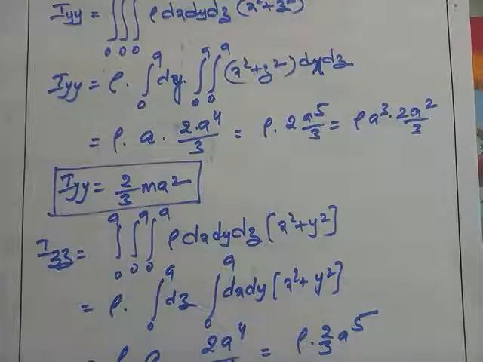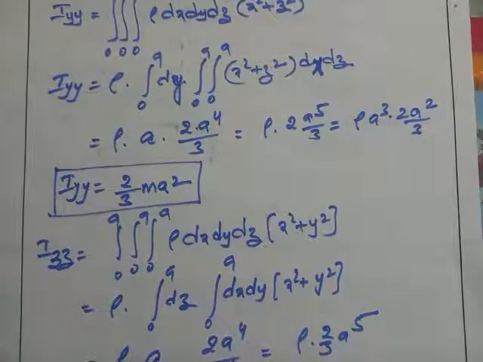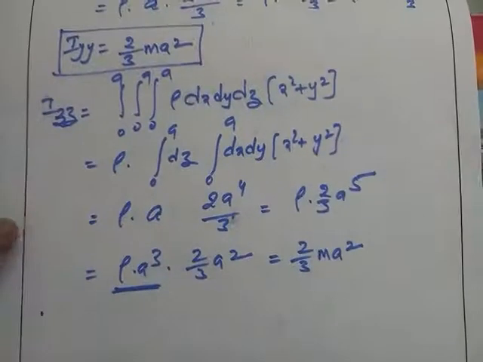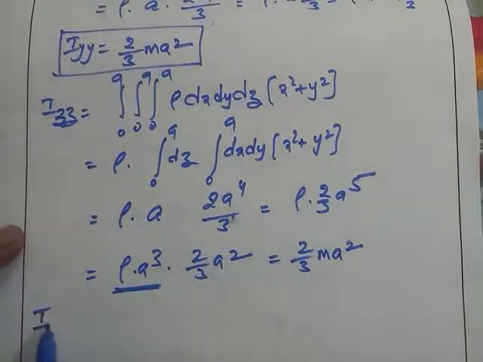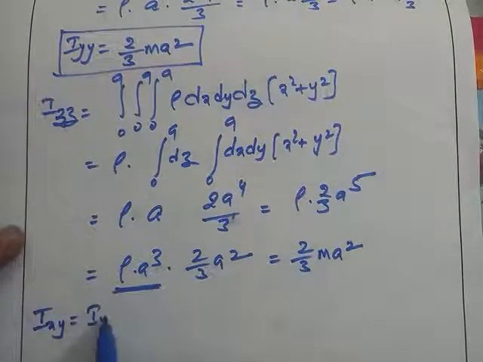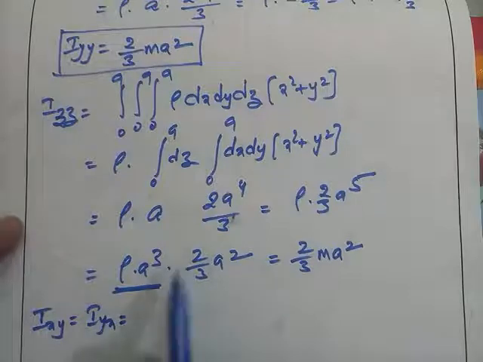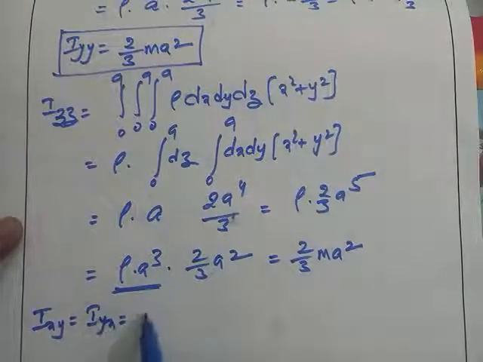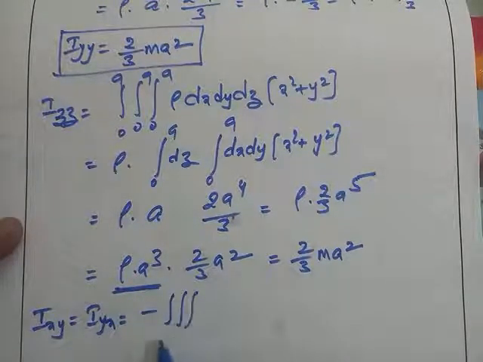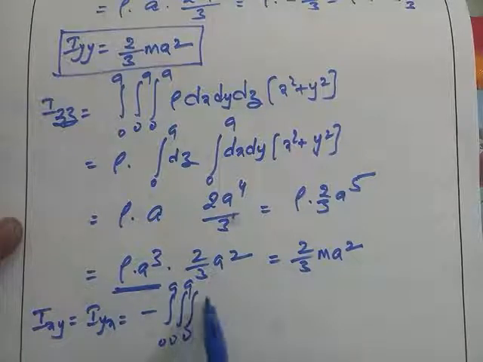Next components are Ixy, Ixz. So let us find how we can find Ixy. Ixy is equal to Iyx. We'll find this like this: minus triple integral 0 to a, 0 to a, 0 to a.